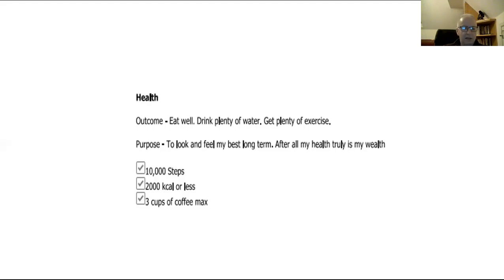Which I would have done, I've incorporated that, you'll see with my walk on the canal. 2,000 calories or less. And this is something I've struggled with for so long, is my cups of coffee. I drink way too much coffee, as I sit here right now, drinking my cup of coffee. 3 cups of coffee a day, max for the day.